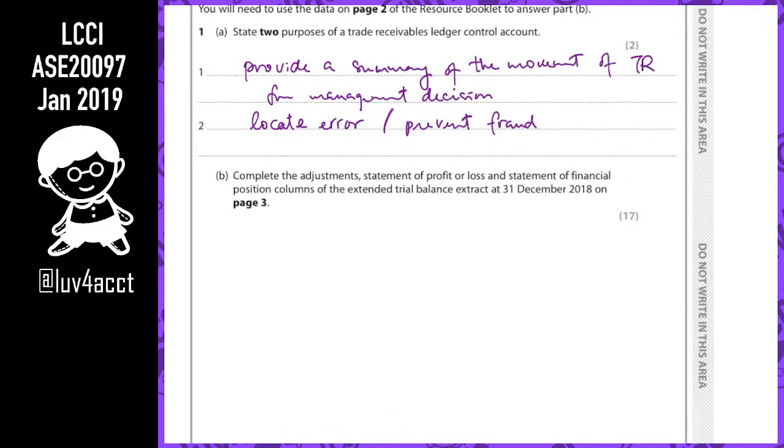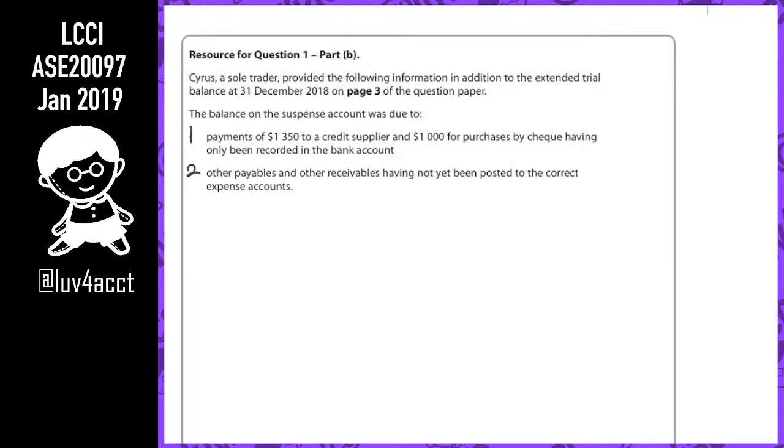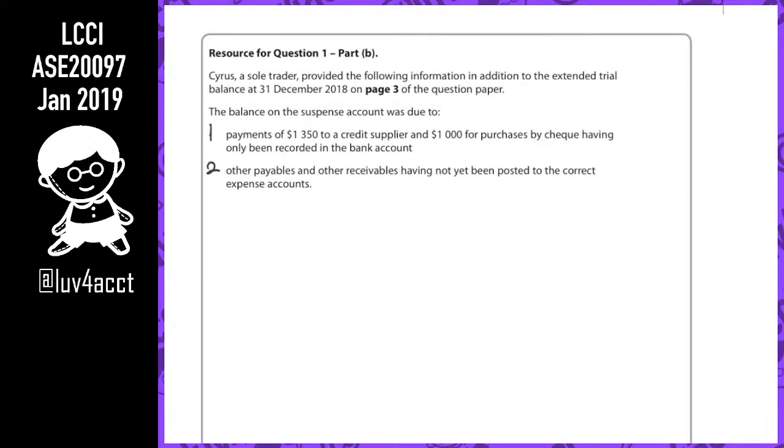And then part B, complete the adjustment, statement of profit and loss, and statement of financial position columns of the extended trial balance with the two items here. So let us finish the adjustment first. Payment of 1350 to a credit supplier, and 1000 for purchases by cheque having only been recorded in the bank account.